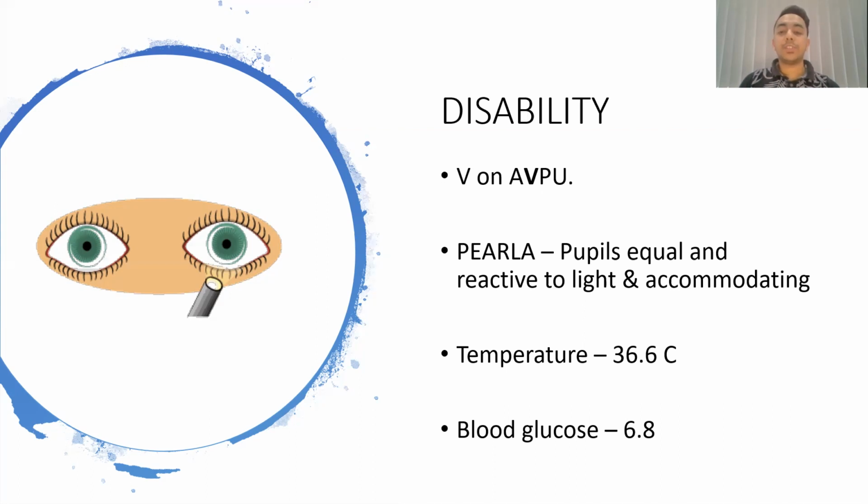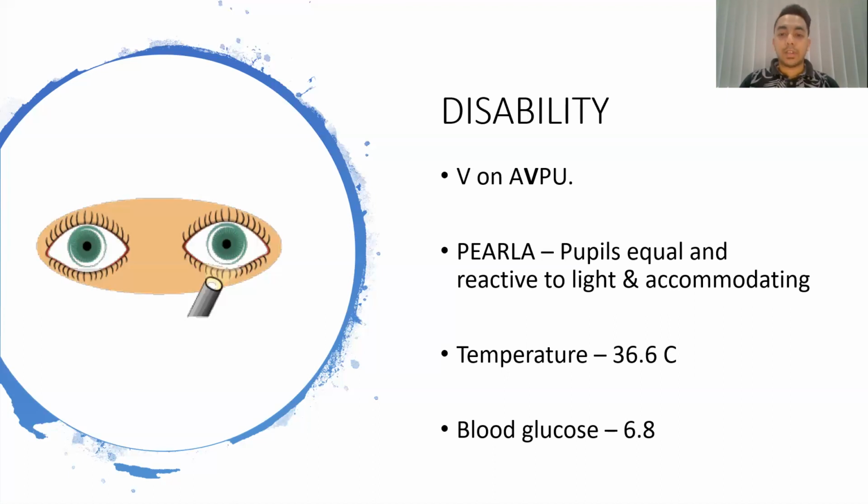When you check the pupils, you want to use your pen torch and check for direct and consensual reflexes. Direct meaning you would put your hand in the middle, shine the flashlight into one of their eyes and check if the pupils are constricting. And then consensual means you would shine the flashlight into this eye and then check the eye on the other side to see if the pupil is constricting in the other eye.